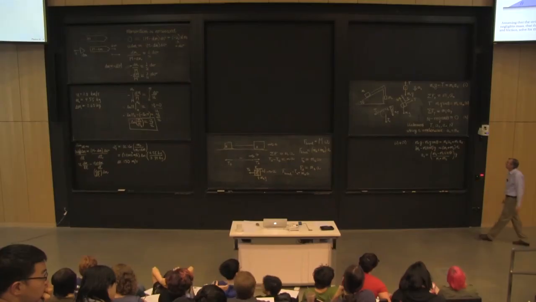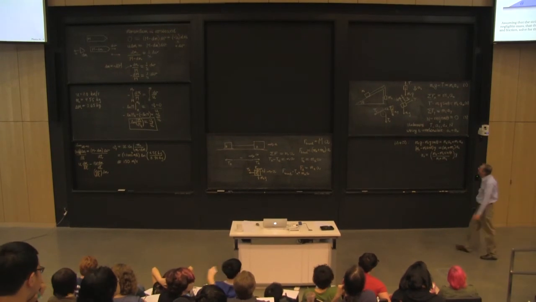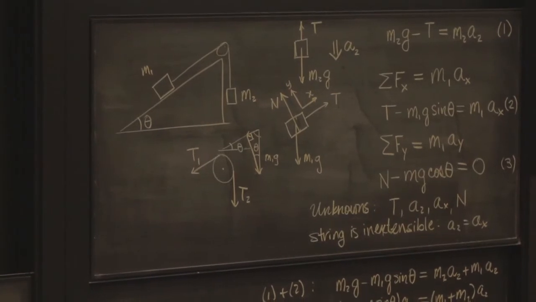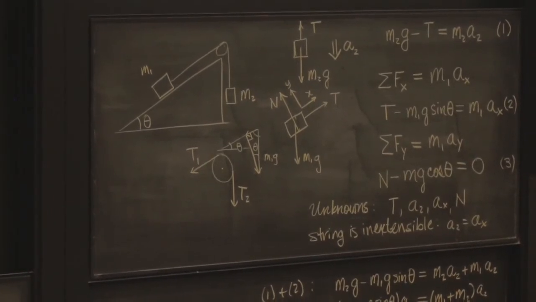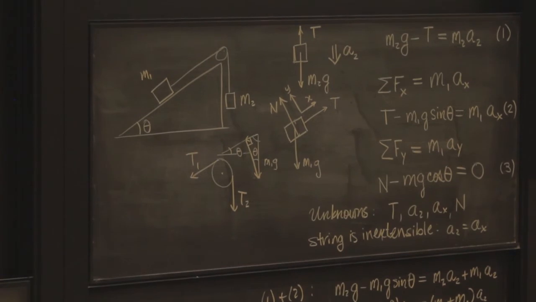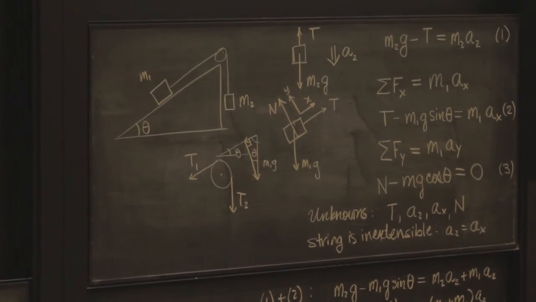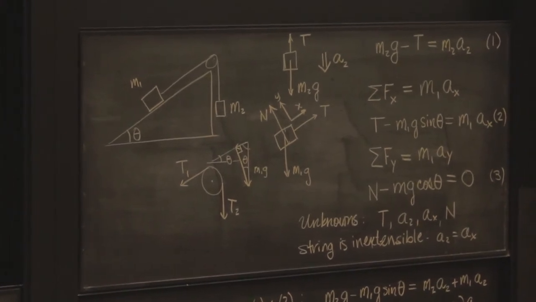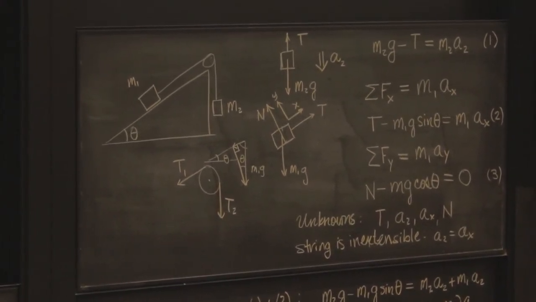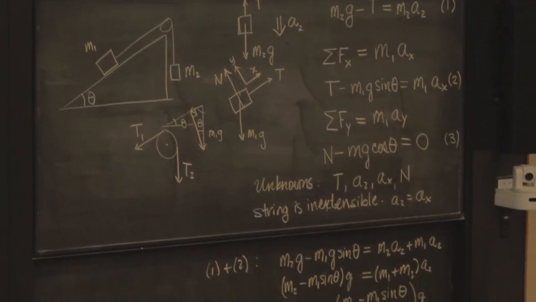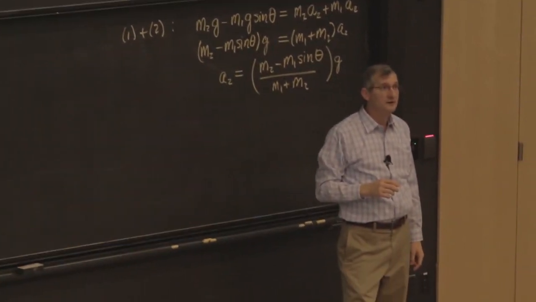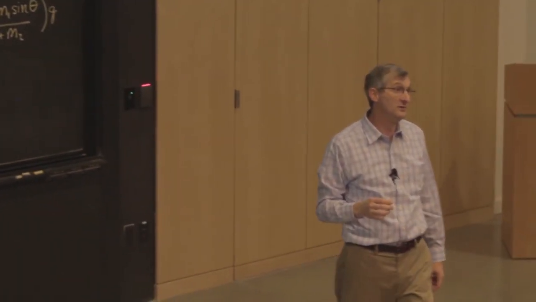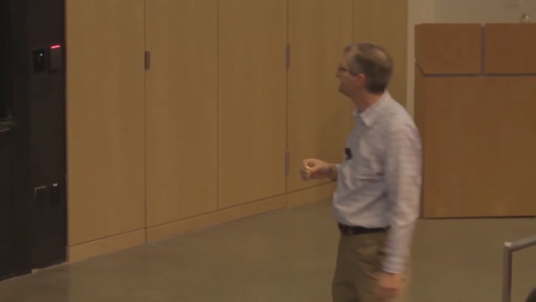Okay? So the distance that mass 1 moves up bears what relation to the distance that mass 2 moves down? If mass 1 moved up by 5 centimeters, how far down would mass 2 move, if the string doesn't stretch? Would it be the same? Yeah, it would be the same.